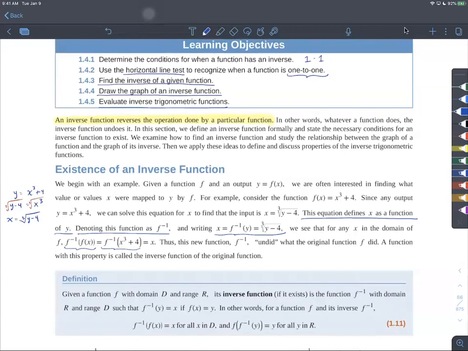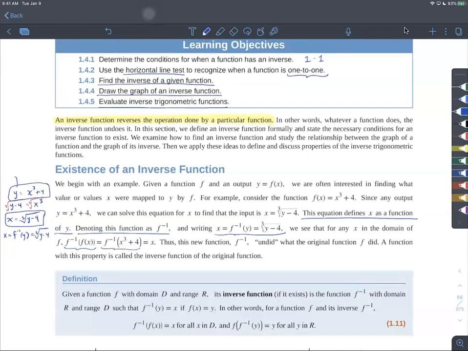So basically, this function here, if you think of it as a function of y, undoes what the function up here does, right? So let's go ahead and write it out. x is equal to f inverse of y, which is equal to the cube root of y minus 4.